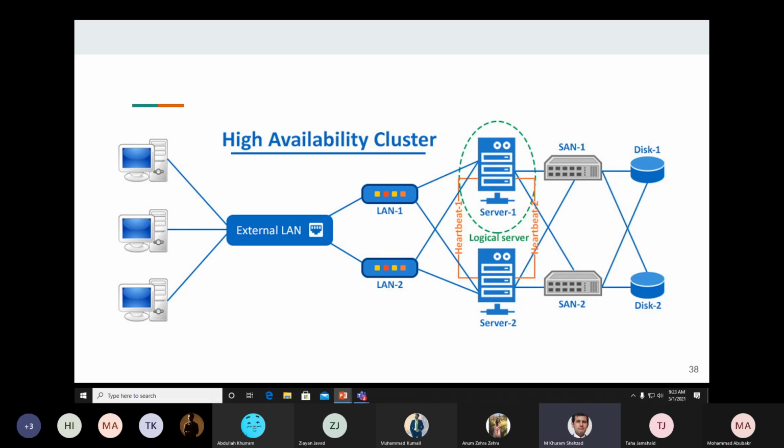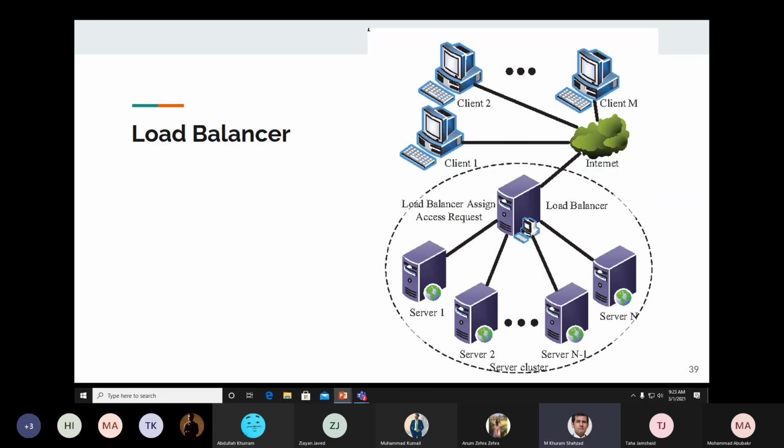But in the second figure, we are supposing that in one country there is one server, and we are just load balancing. Yes, you can also do the high availability function over here by installing 2 servers in a country. So you know the difference right now, right? You understand?